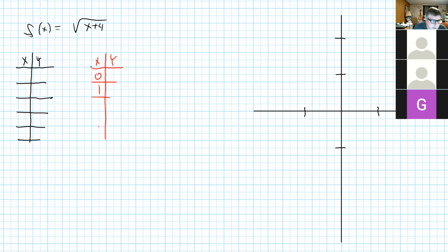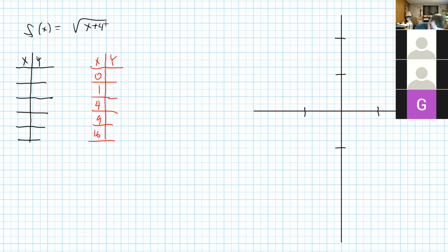I go again, trying to walk and chew gum at the same time. If I just had the square root of x, I'd want to put in nice squares like 0, 1, 4, 9, 16, right? But I don't have just the square root of x.